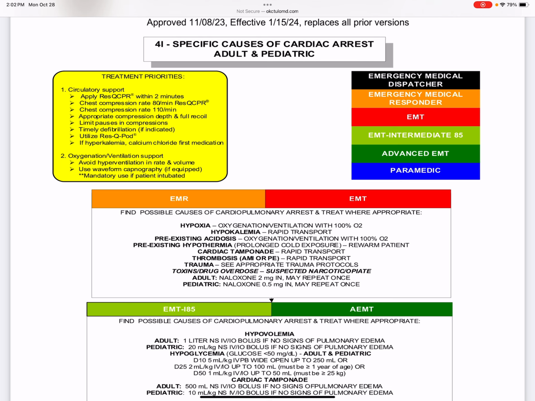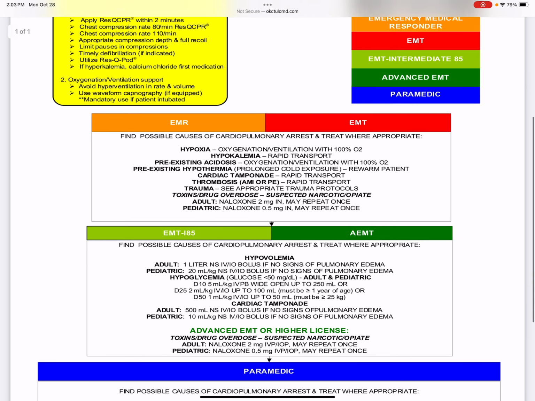I will say this, it is not mandatory if you are establishing an airway with an iGel, but it doesn't hurt anything. Capnography is the best way to measure a patient's breathing, and so the best way to do it is just get in the habit of putting capnography on any airway that you are taking over and breathing for the patient. So just put capnography on everyone. That's really the easiest way to do it.